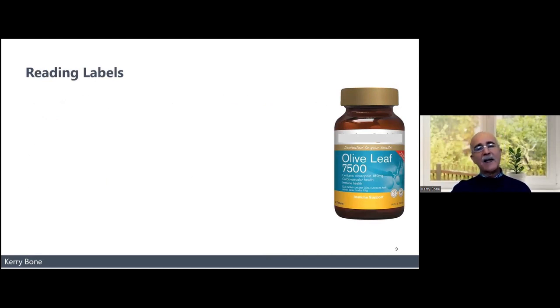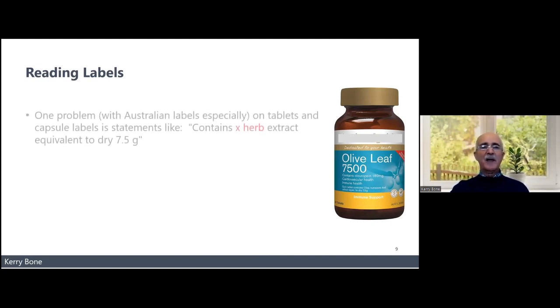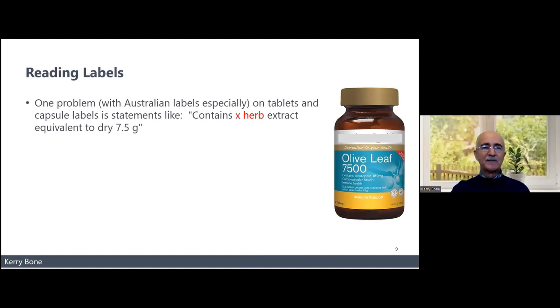So to understand how to dose appropriately, especially in terms of DHE, dried herb equivalents, we need to know how to read labels. So here's an example of an Australian product. As per this example, it says contains herb extract, in this case olive leaf, equivalent to dry 7.5 grams.